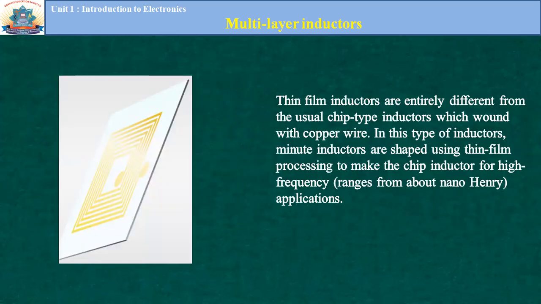This is the common structure: a coil is placed on a particular plate, and a similar coil is placed along it. These are stacked together and connected in series. This is the multi-layer type.